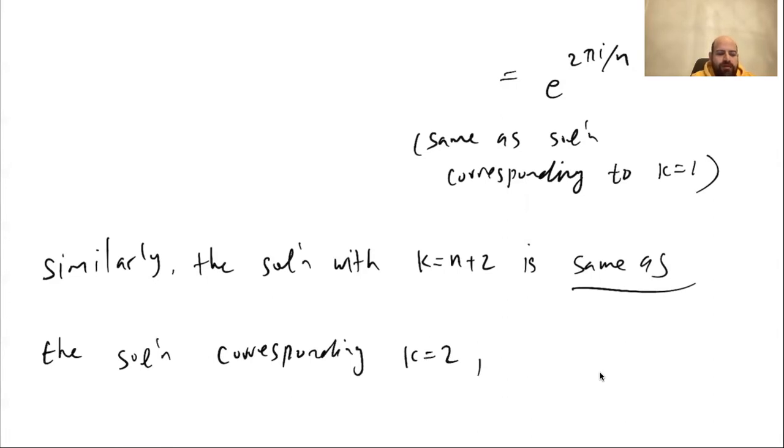With k equals n plus 3 it is the same as the solution with k equals 3, k equals n plus 4 is the same as the solution with k equals 4, all the way to k equals 2n, which is the same as the solution with k equals n. K equals 2n plus 1, again, will be the same as the solution with k equals n plus 1, which was the same as the solution k equals 1, and so on. So here, basically, we have period n, and after n, everything repeats itself after n units.